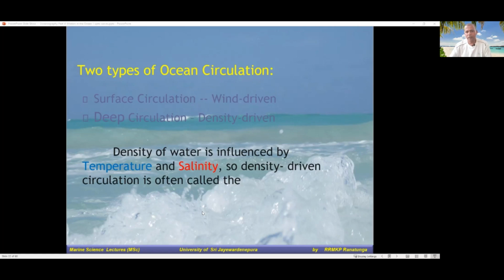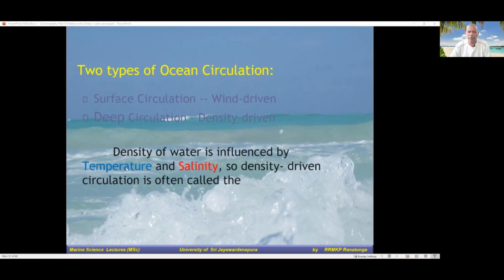So basically, now you know that there are two types of ocean circulation: the surface circulation, mainly wind driven, and the deep ocean circulation or density circulation. There are other circulations as well, which we will discuss.